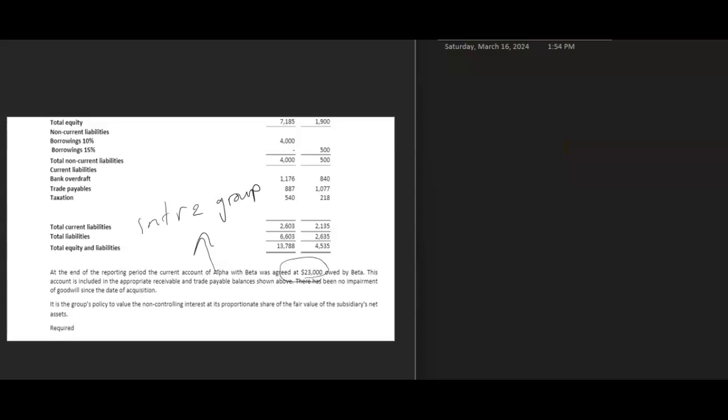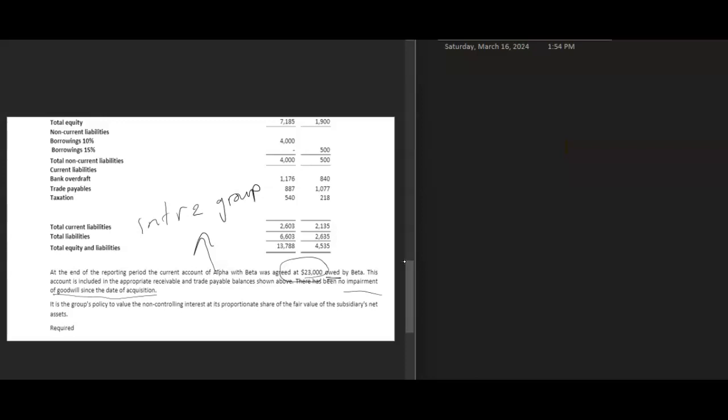So we are seeing Alpha and Beta trading amongst each other, and apparently there is some money owed for goods that were not paid for. That is very important when we go to our workings. This account is included in the appropriate receivables and trade payables balances shown above. There has been no impairment of goodwill since the date of acquisition, which makes our question a little bit easier.